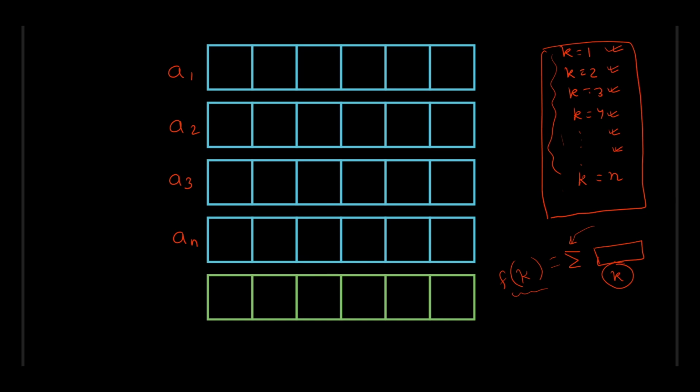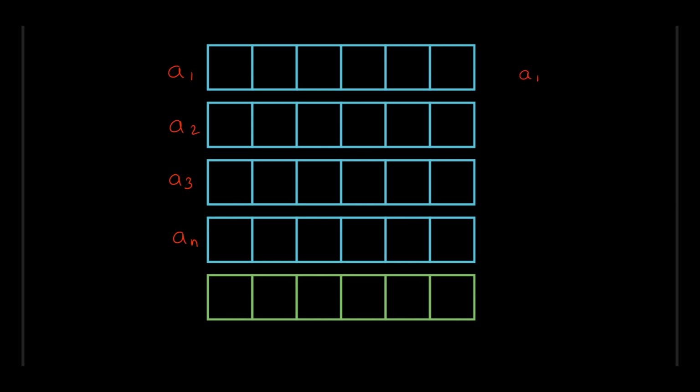To approach this problem, let's see some more techniques. Let's start with the largest k, and we'll see why we are starting with the largest k. The largest k means bitwise AND over all subsequences of length n, but there is only one subsequence of length n.